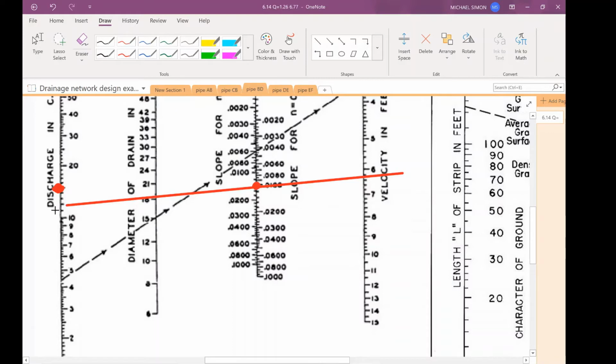So I'm still in that neighborhood of being between 2 and 8 feet per second, actually right around 6 feet per second. So then I go over and check my Q, and I realize my Q can only handle about 10 and a half, 11 cubic feet per second. I need to handle about 14 cubic feet per second. It's only able to handle 10. That pipe's not going to work.